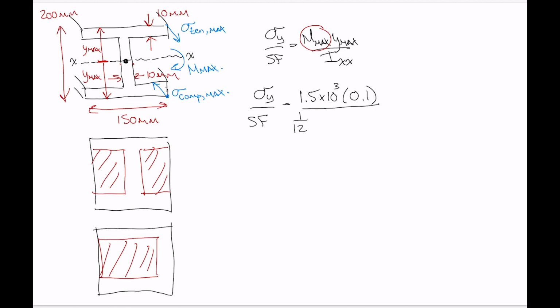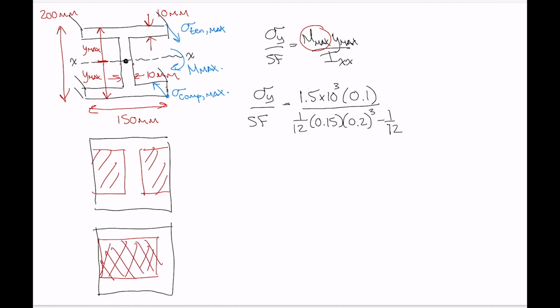So for the whole outside, we've got 1/12 base height cubed. The base is 0.15 meters, height is 0.2, and cube that, and then we're subtracting the moment of inertia now of this center hole right here.